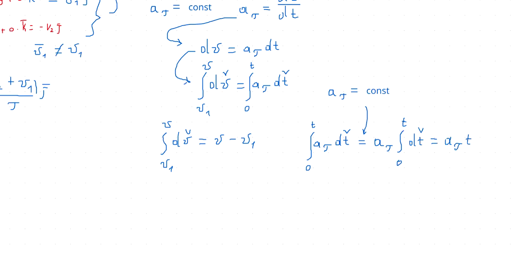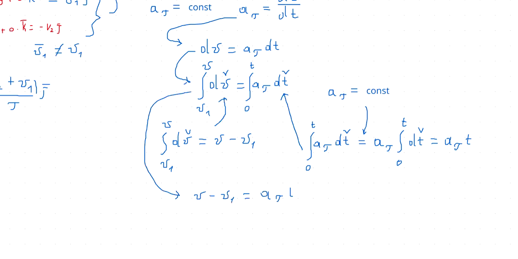So we can use this here and here, and we have obtained v minus v1 is equal to a tau t.